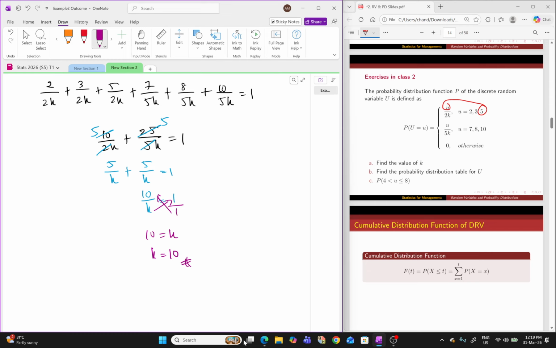Boleh buat cara ni, boleh buat cara macam tadi saya ajar tu, boleh mana-mana, janji jawapan betul.